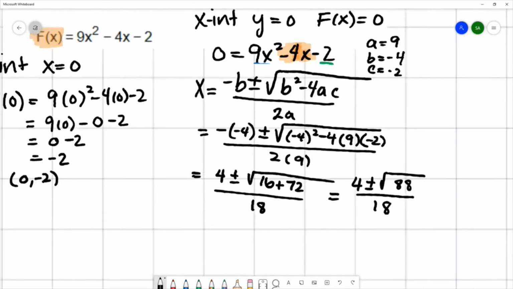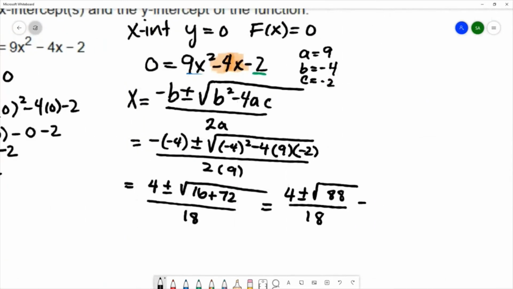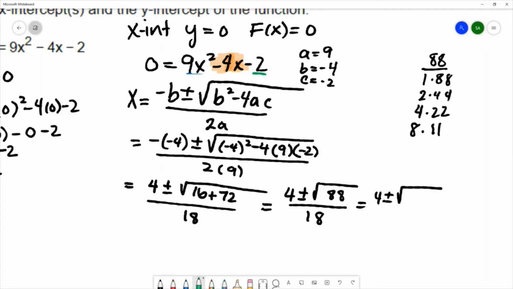And then I want to try to simplify that radical. When I simplify the radical, I'm looking for perfect squares. So I'm looking at factors of 88. That's 1 times 88, 2 times 44, 4 times 22, 8 times 11. So we want to choose this factorization because 4 is a perfect square. 4 is 2 squared.